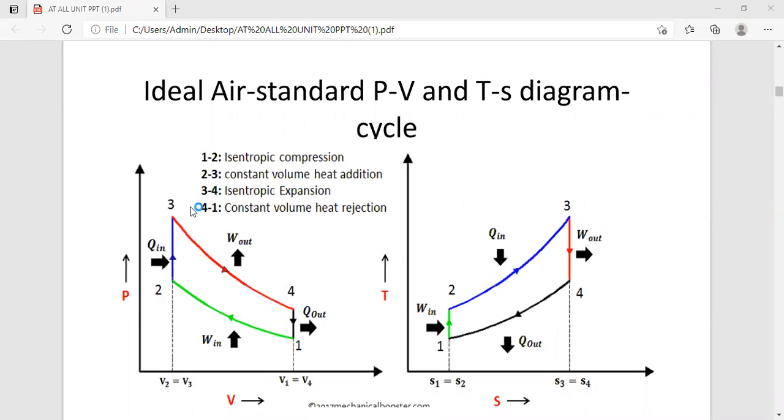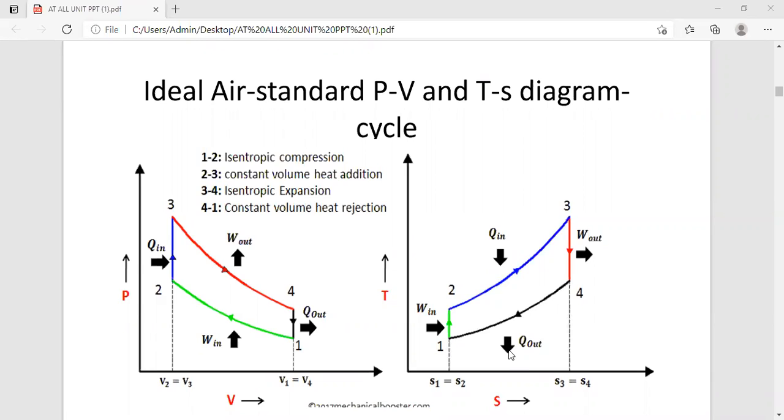Next process is 4 to 1 constant volume heat rejection process. During this process, 4 to 1, you can observe the volume parameter is constant. And during this constant volume, the entropy is reducing, as well as temperature is also reducing.